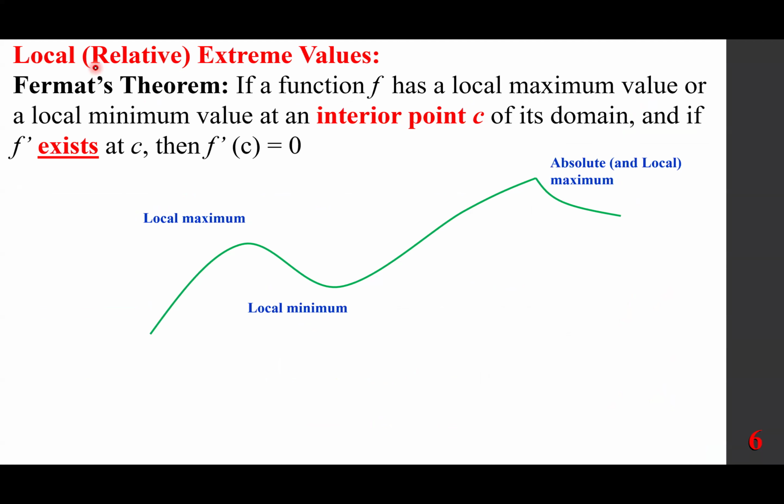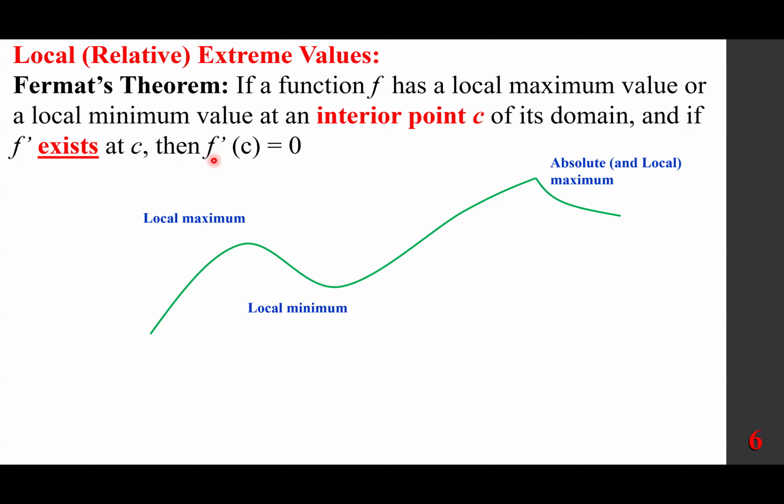Local or relative extreme values, Fermat's theorem: if a function f has a local maximum value or a local minimum value at an interior point c of its domain, and if f prime exists at c, then f prime of c must be 0.